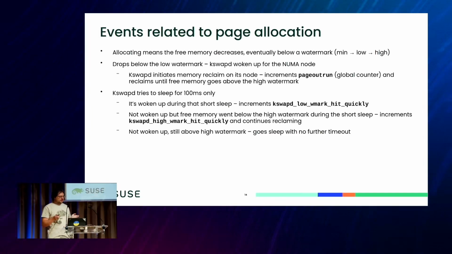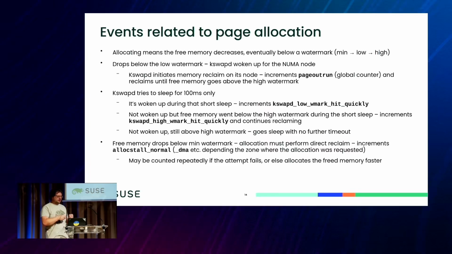If it doesn't get woken up in these 100 milliseconds, but then checks again the free memory and realizes it went below the high watermark, that means there's some demand but not so high, it will continue balancing again and probably increment the pageoutrun counter again. So it can be somewhat proactive and do work before it's woken up. If nothing, it goes to sleep until the low watermark is hit again.